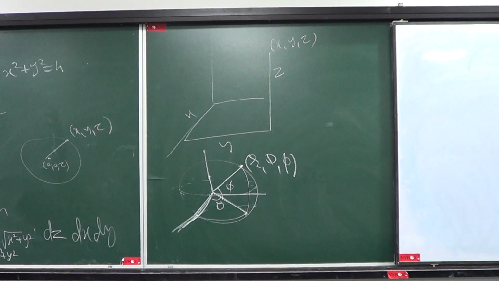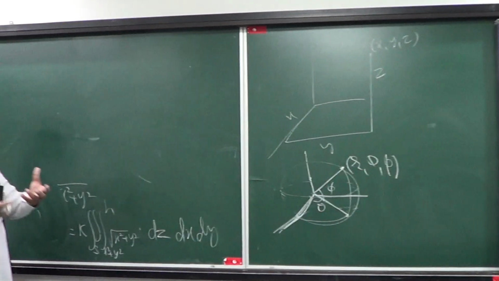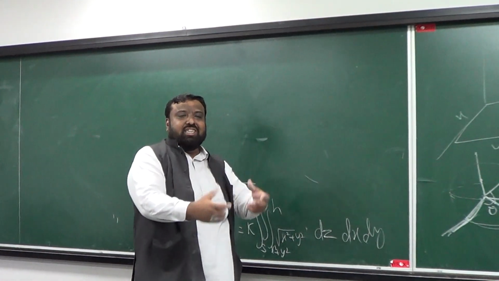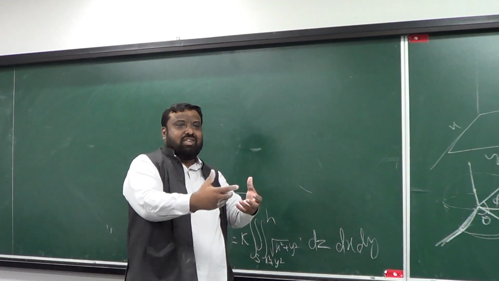Here's the thing. You can assume this point is sitting on a sphere, so you're going to have spherical coordinates. You can assume this point is sitting on a cylinder, so you're going to have cylindrical coordinates.